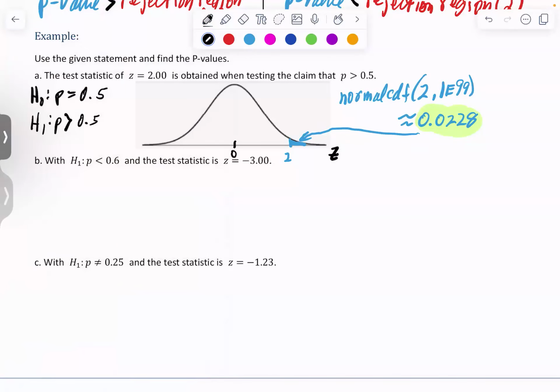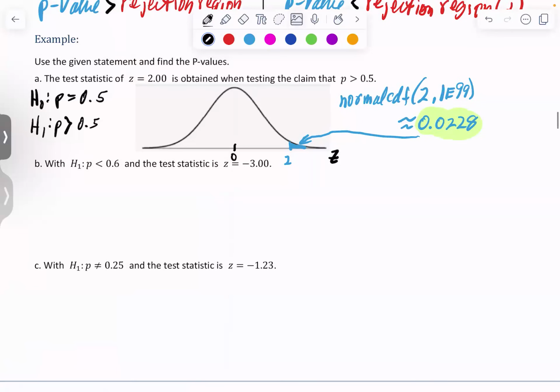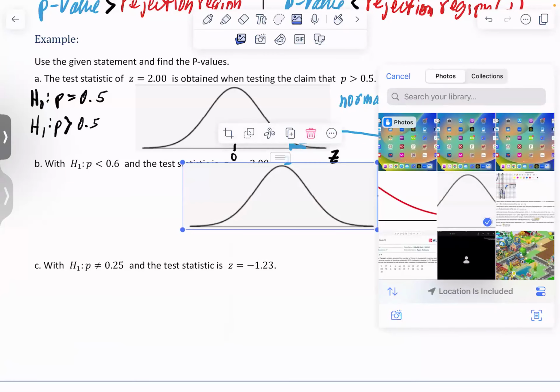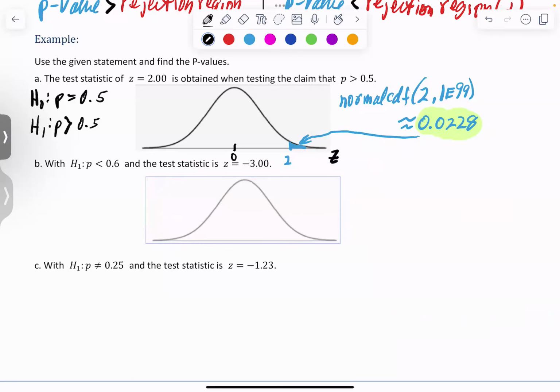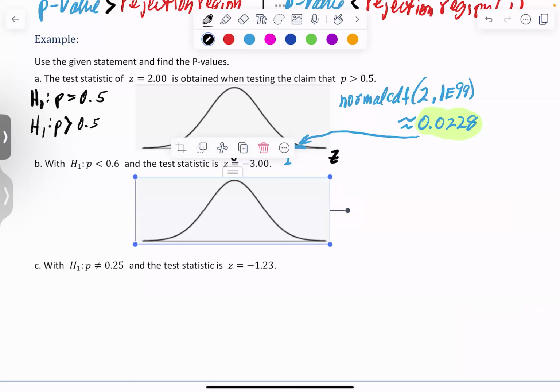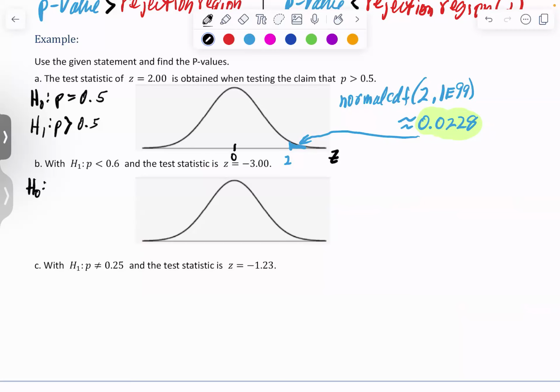All right, let's keep going. So let's grab our graph here. There we go. And this one says that our null hypothesis is that p is equal to 0.6. Our alternative hypothesis is that p is bigger than 0.6. Once again, that's 0 there. This is a z distribution. This time we're way over here at -3.